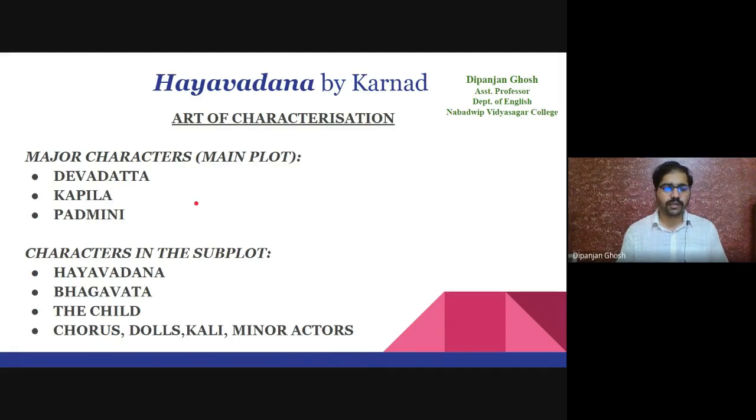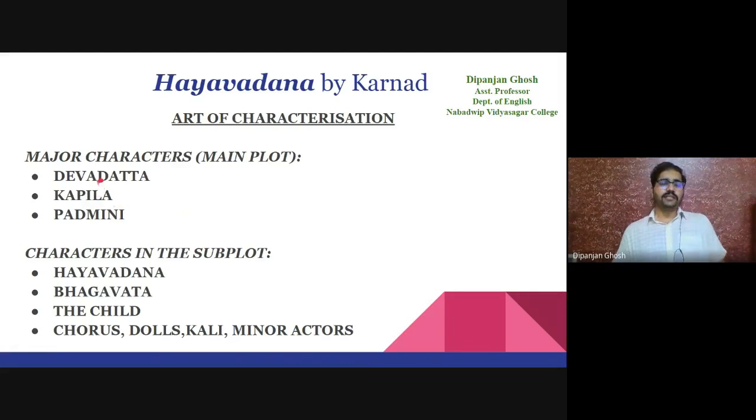As we have found in our plot construction lecture, discussed in our previous one, a story is built on the basis of these three characters, Devadatta, Kapila and Padmini. How this was happening was discussed in detail in our plot construction section.